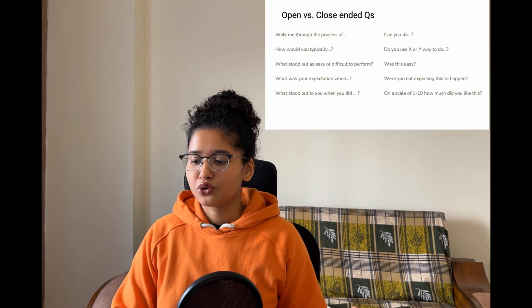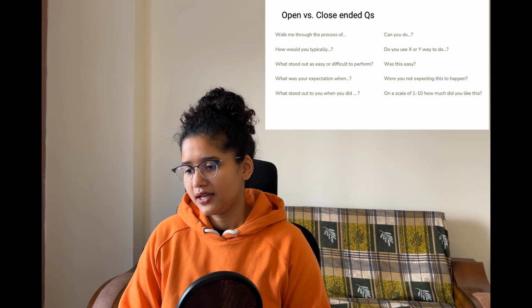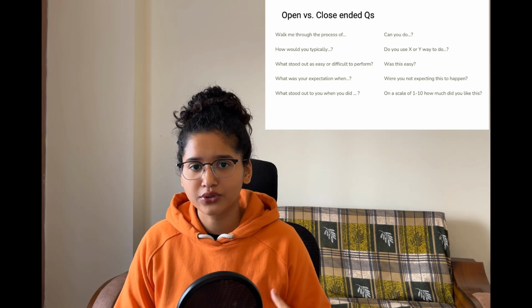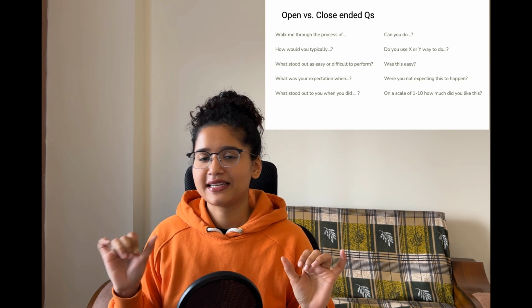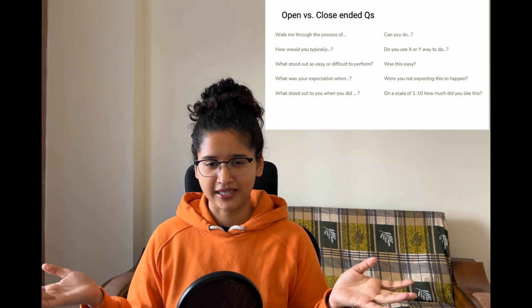So another open-ended example would be, when you performed this task, did something stand out to you as particularly easy or difficult to do? So asking that instead of, hey, did you find it easy? Was this easy to do? Did you like this?